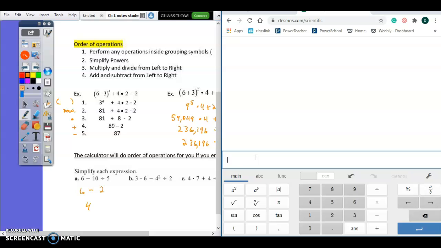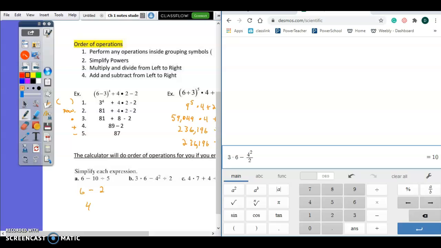All right, so our next problem on B, go ahead and type this into your calculator and then see if you get the same answer as me. Pause it here. So I'm going to type it in exactly as I see it. 3 times 6 minus 4 to the second power divided by 2.